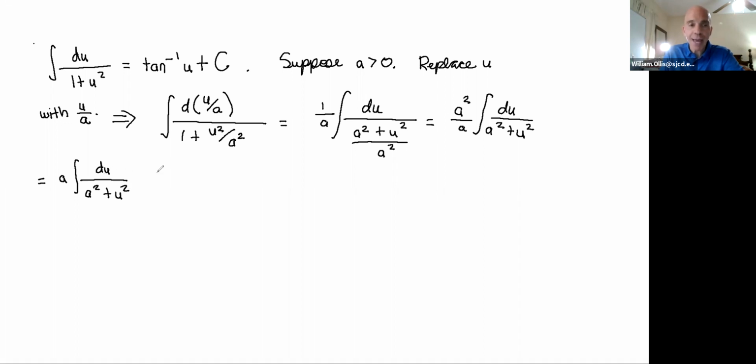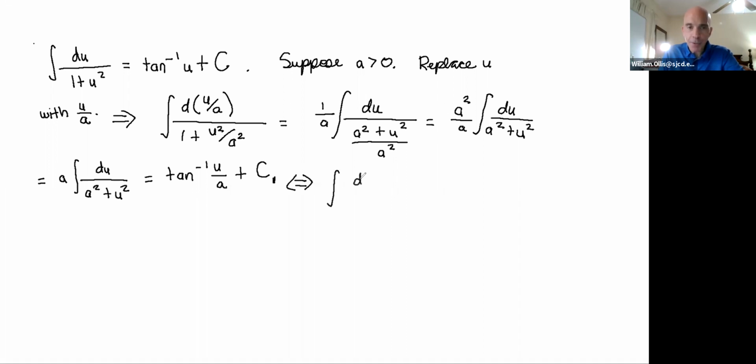Now, of course, we have the a, and notice this equals the inverse tangent. Now what I'm going to do is replace the u with u over a, and then I'm going to write my constant as just C1. I know that's kind of cheesy, but we'll call it C1 because we always like to write the final constant as a C. Now we need to divide by a, or multiply by the reciprocal of a.